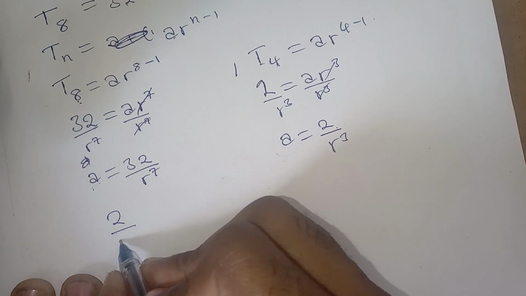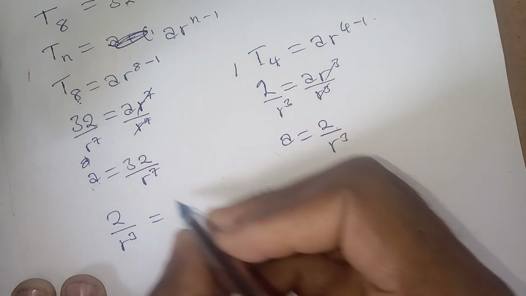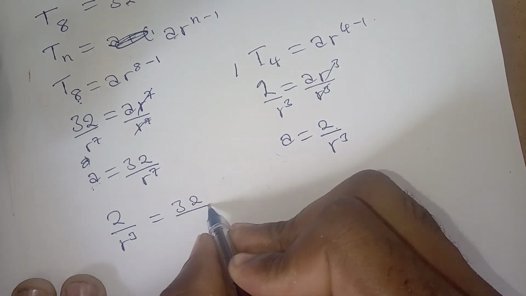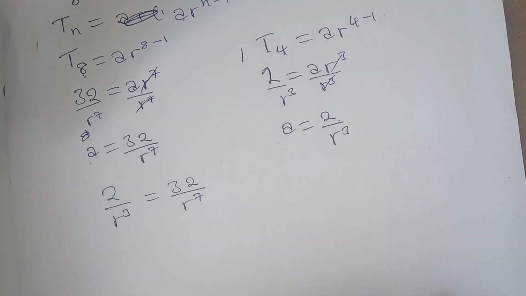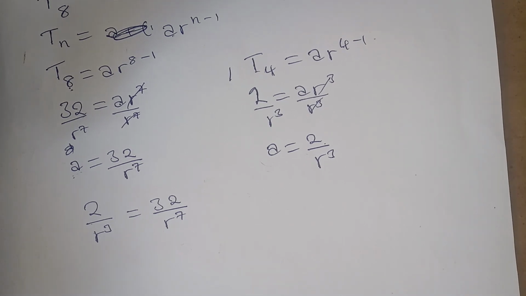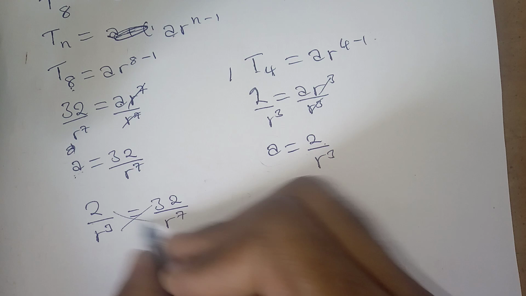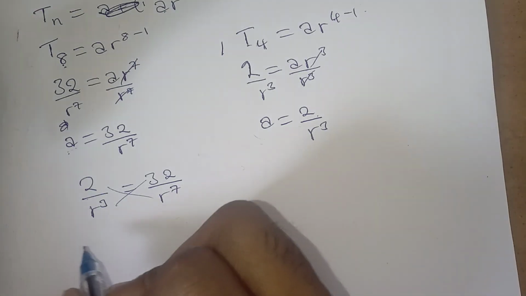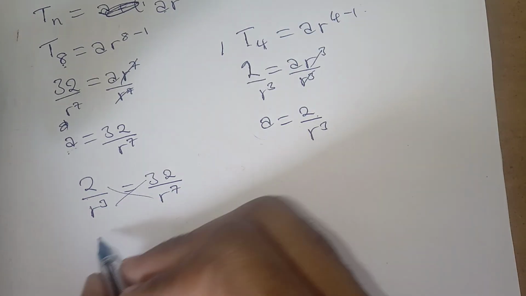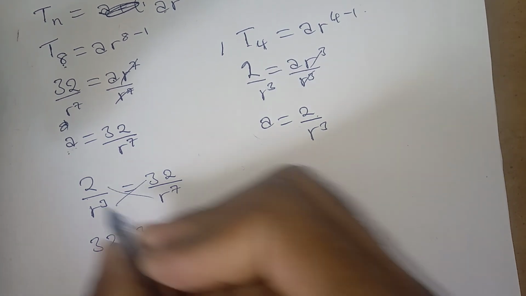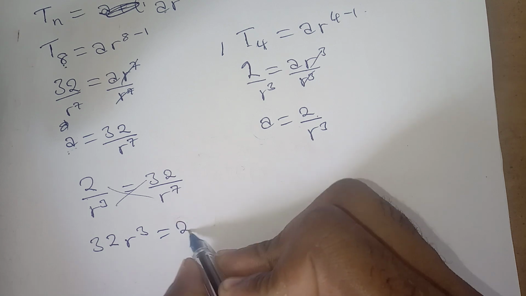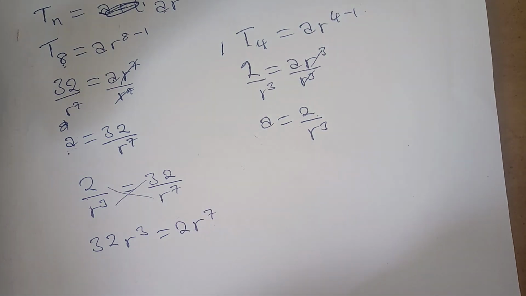So I have 2 over r to the 3 is equal to 32 over r to the 7. And then you can simply cross multiply if you want, and solve for r. So this by this will be 32 r to the power 3. This by this will be 2 r to the power 7.